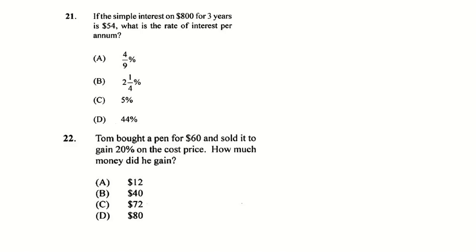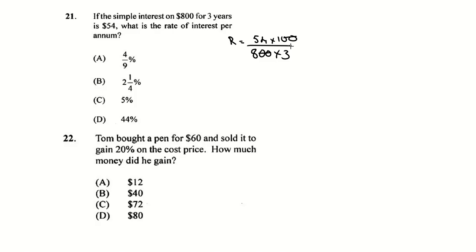Right, and these are the last two questions. If the simple interest for 800 for 3 years is 54, what is your rate? We know rate is equal to your simple interest, 54 times 100, over 800 multiplied by 3.